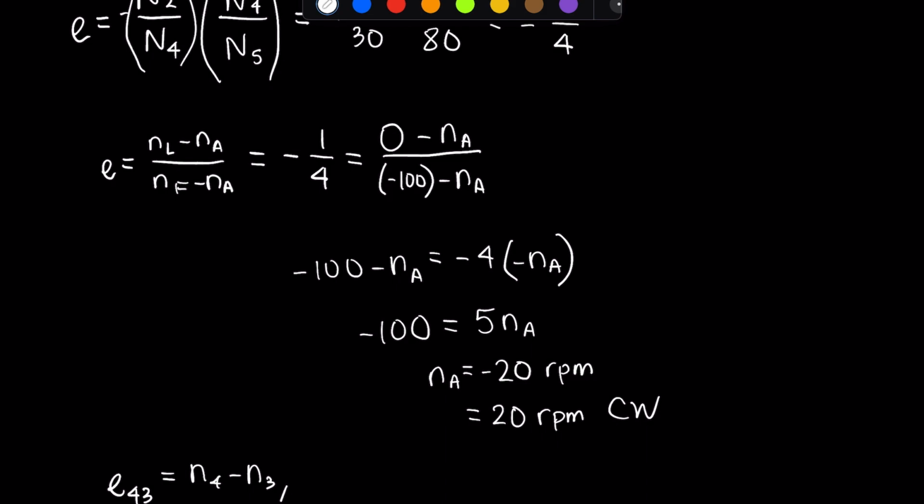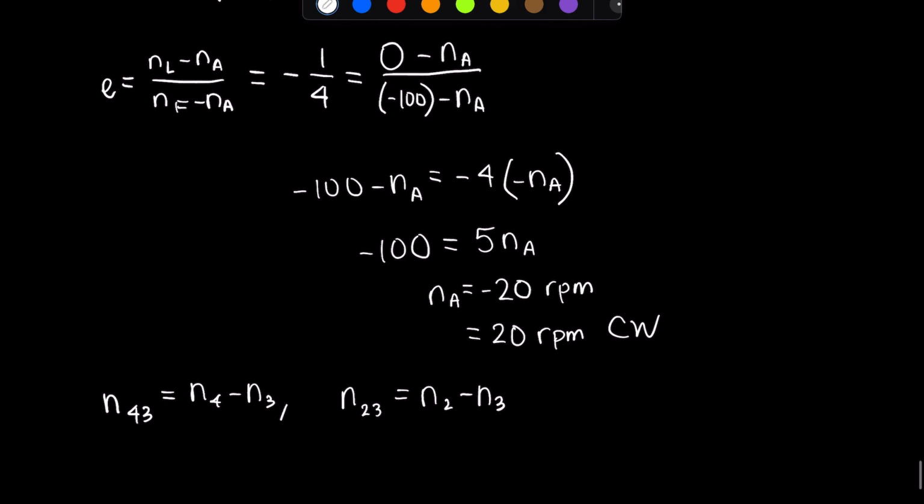Oh, I should have written, this is not train value, this is speed. And the relative speed of 2 with respect to 3 is still N2 minus N3. So now that ratio, N4/3 over N2/3, is N4 minus N3 over N2 minus N3.